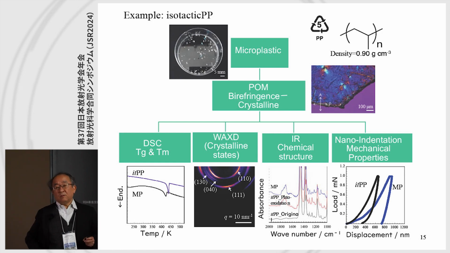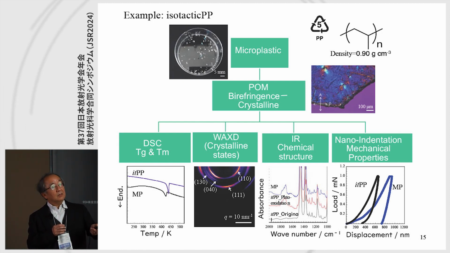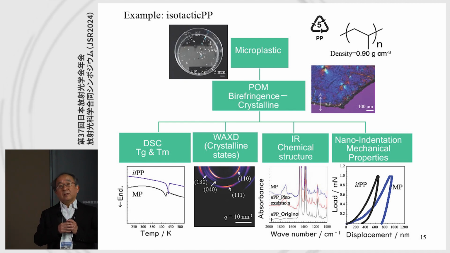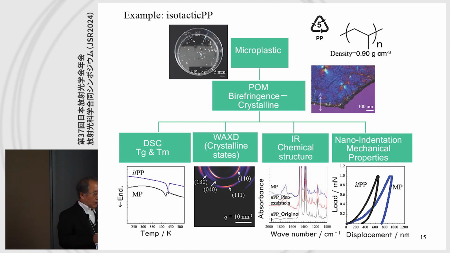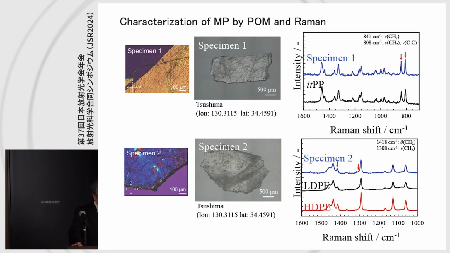Since this piece is very, very small, we cannot do tensile testing, so we try to measure the mechanical property by the nano-indentation technique. So we can identify the degradation state of the microplastics by using these many characterization techniques.